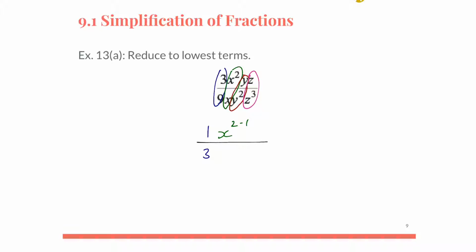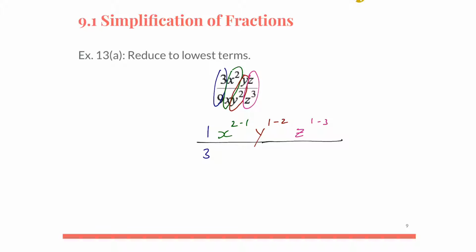What I want to show you is this. When you do the same thing for y, the top exponent is 1, bottom exponent is 2, so it becomes that. For the z, we have top exponent of 1 and bottom exponent of 3. So if you use the rules of exponents, top exponent minus bottom exponent, the y and the z would be at the top.